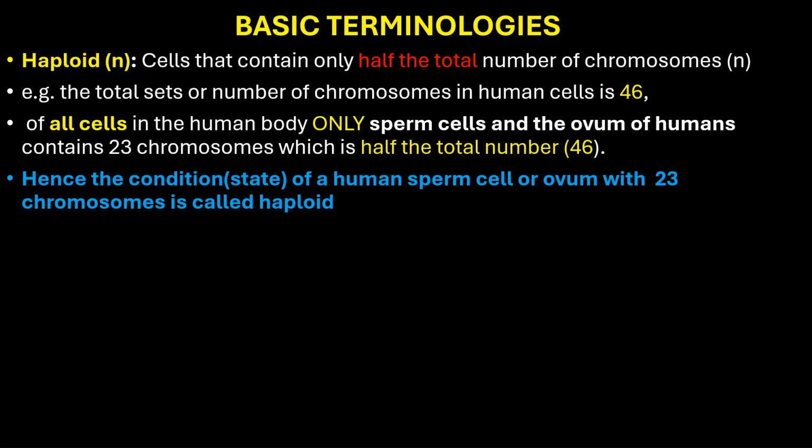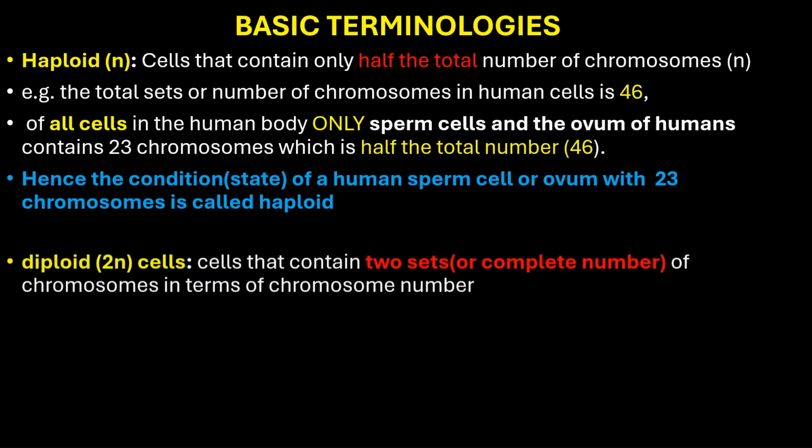And the number of chromosomes differs from organism to organism. The other word connected to haploid is the word diploid, represented numerically as 2n. It represents cells that contain two sets, or the complete number, of chromosomes.